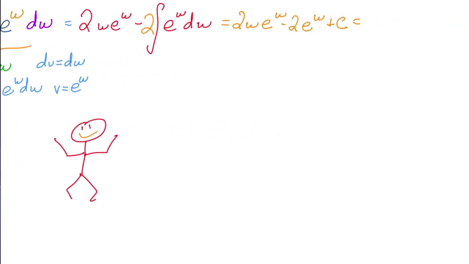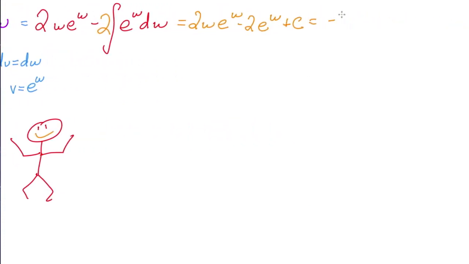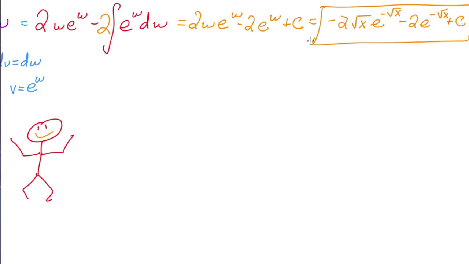So this is going to equal negative 2 root x, e to the negative root x, minus 2 e to the negative root x, plus c. There we go. Nice work.